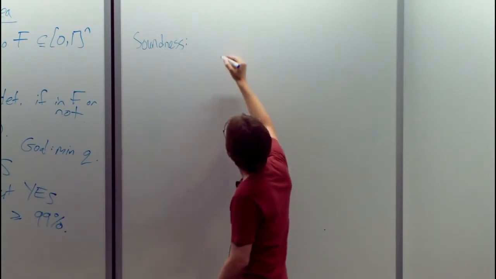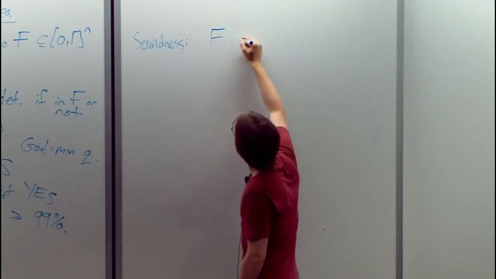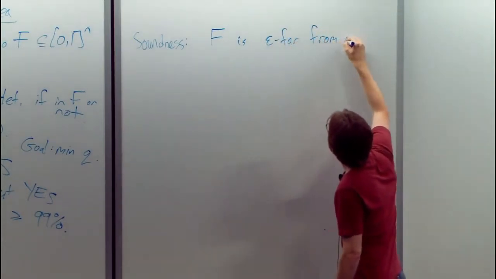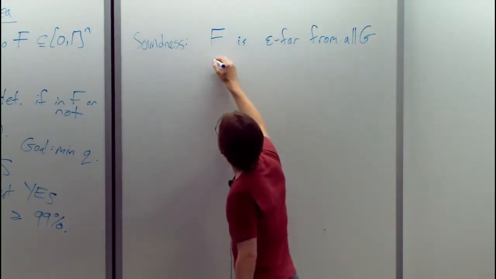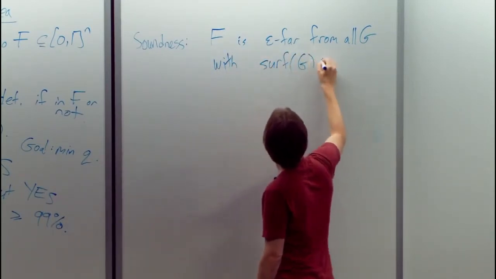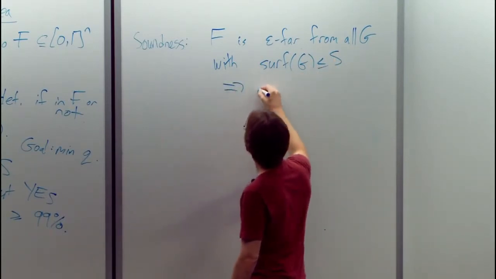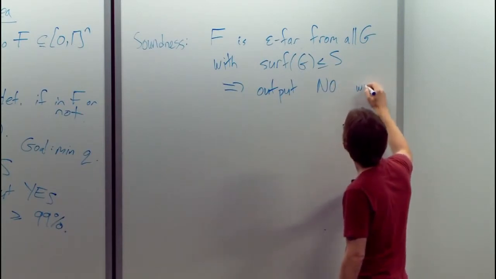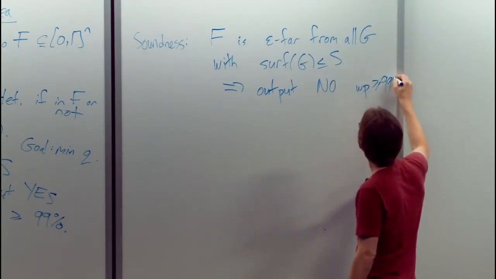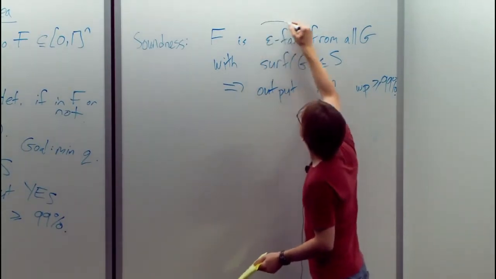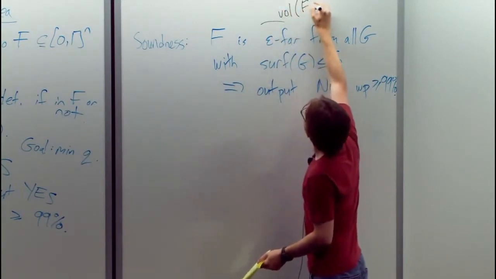We want that if F is epsilon far from all sets G with surface area at most S, then the algorithm should output no with high probability. And what does epsilon far mean? Here we just mean that the volume of the difference is at most epsilon.